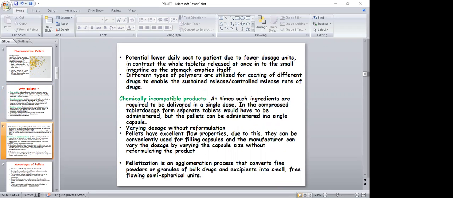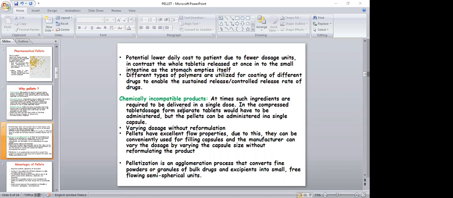Another reason is that some drugs and excipients are chemically incompatible with each other. At such times, those ingredients are required to be delivered in a single dose. In such cases, we can go for the formation of pellets.